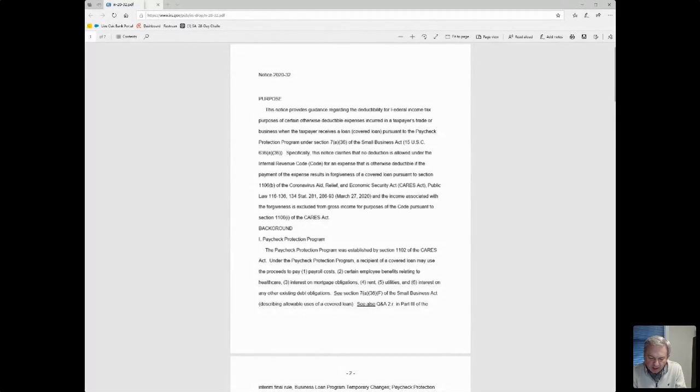Essentially, you're going to have one line that says income on the books, not on tax return, and that amount is going to be your loan proceeds. And then you're going to have a line on the M1 that's for expenses on the books that are not on the tax return. Those two numbers may or may not be the same. If your full loan is forgiven, they probably will be the same. To the extent your loan is not forgiven, then the two numbers might be different.